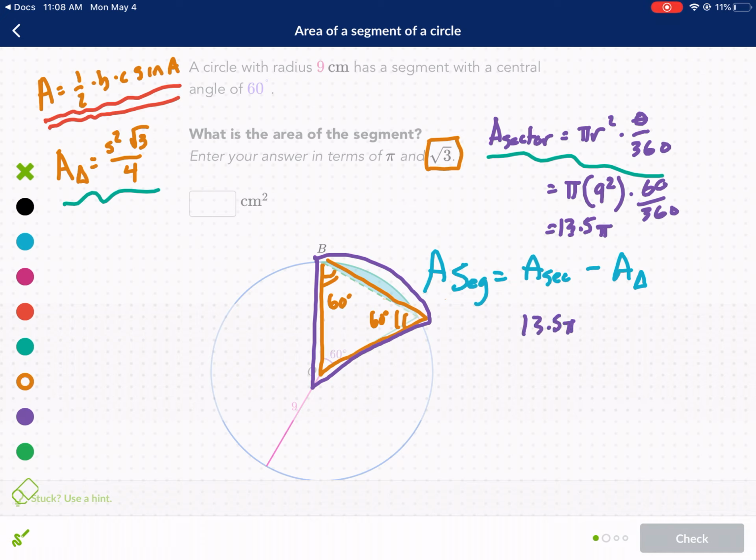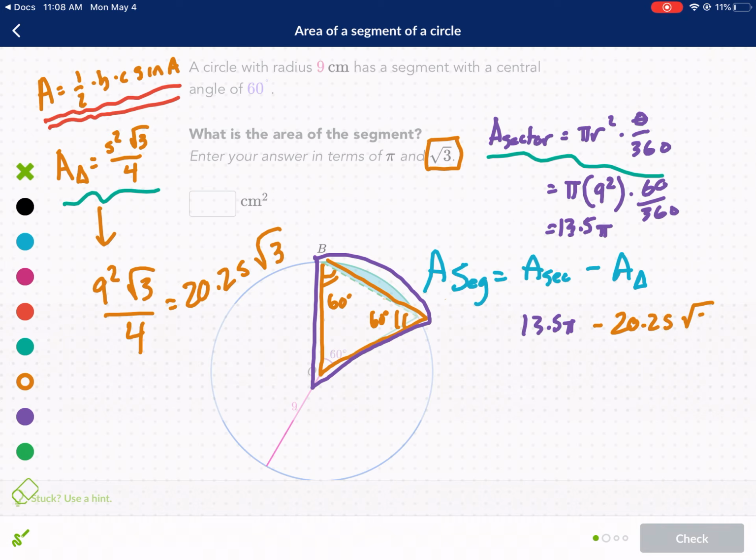Now we need to find the area of the triangle. So we're going to use our equilateral triangle formula. Our side is the radius, which is 9 squared, radical 3 over 4. So I have 81 divided by 4, and that is 20.25 radical 3 is my area.